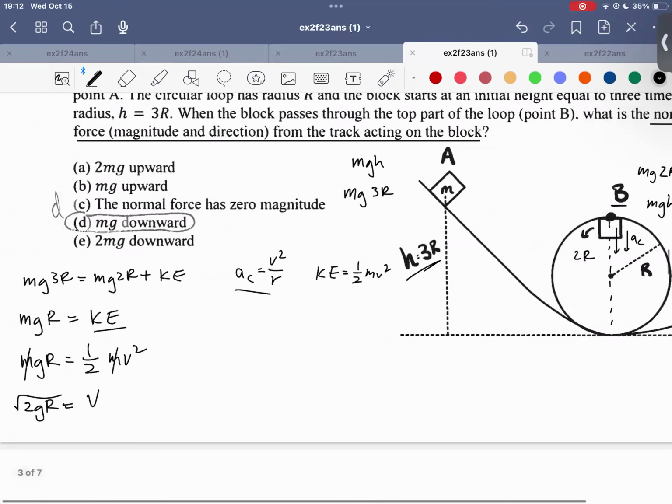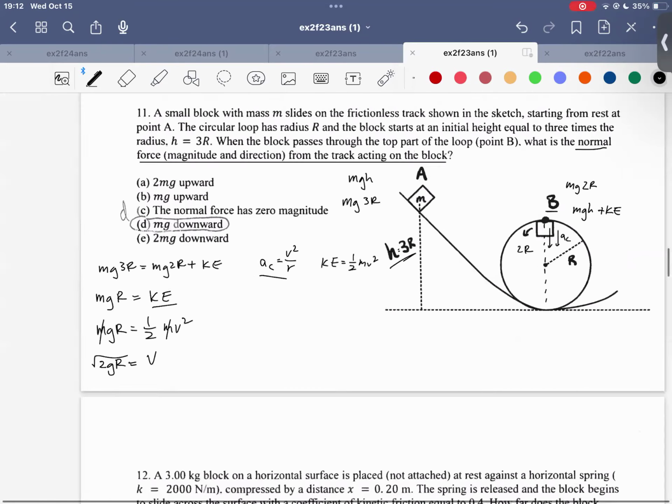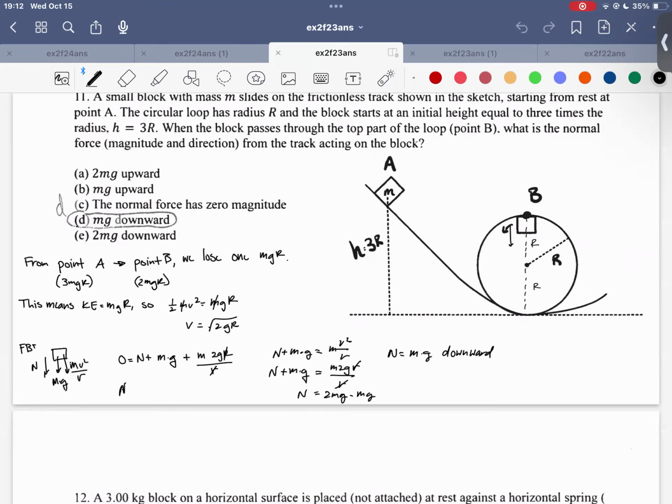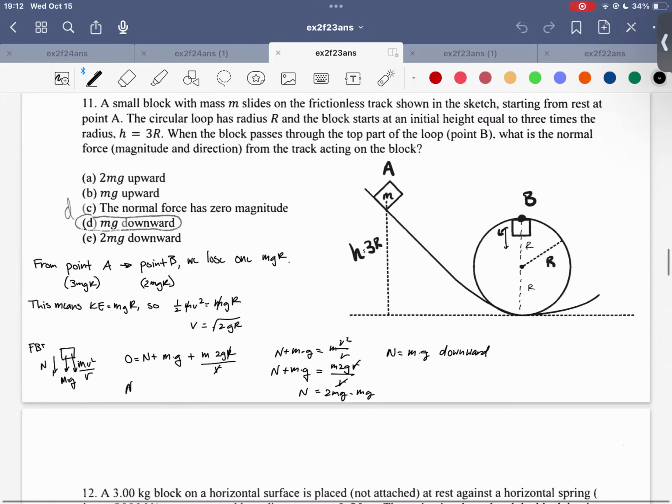And so since the normal force is going to be making up or compensating for this extra centripetal acceleration, as we see, this is what we're aiming for, right?